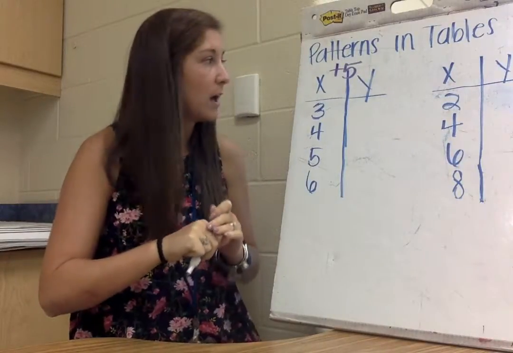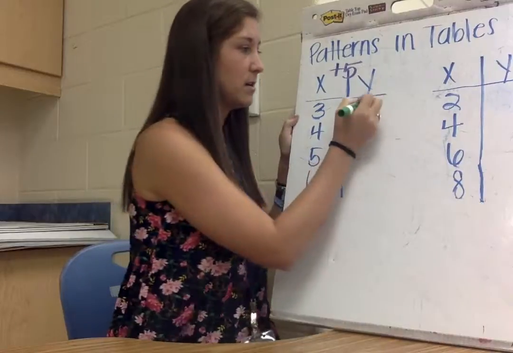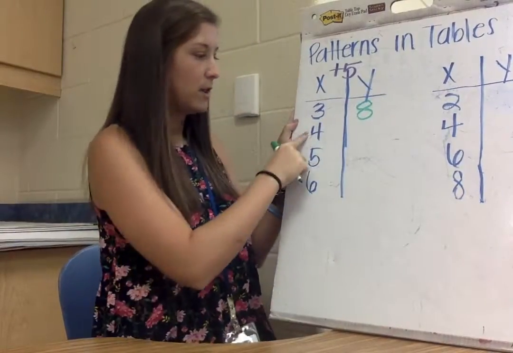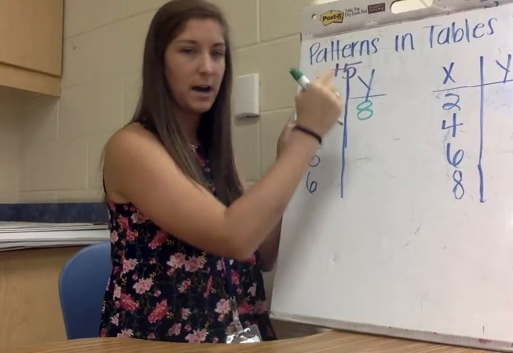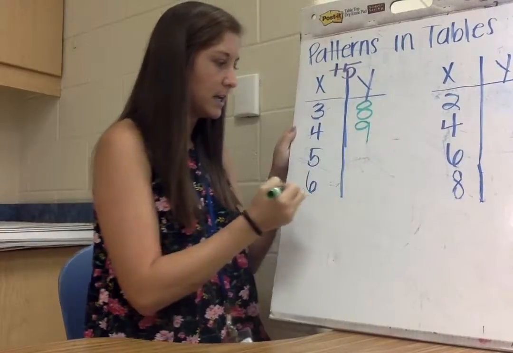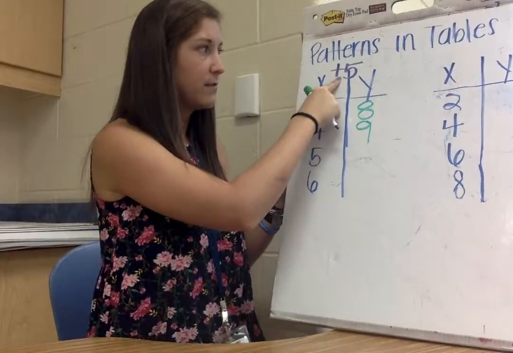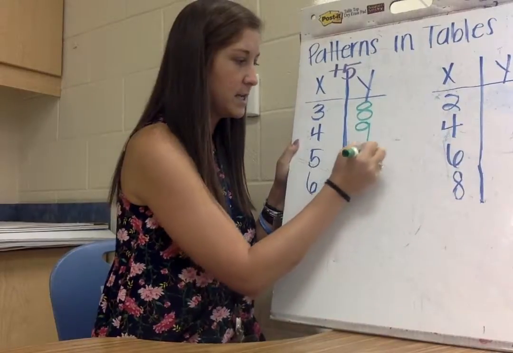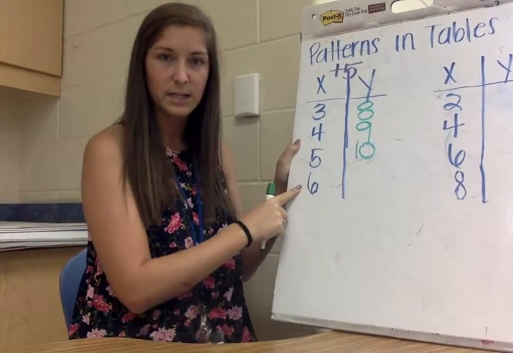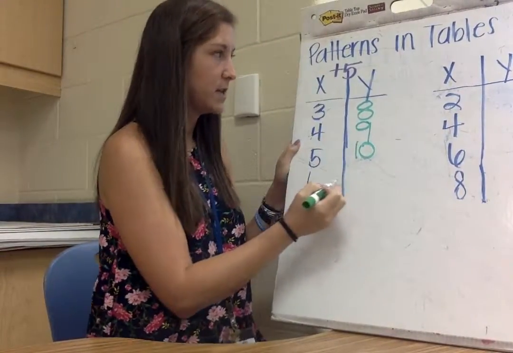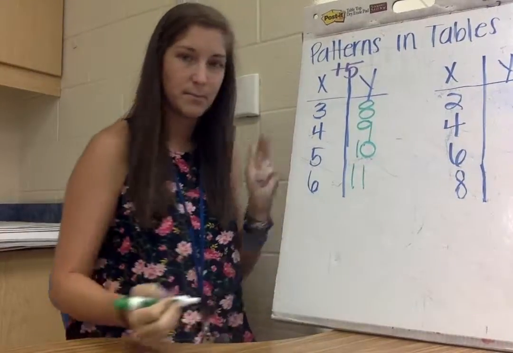So I know that 3 plus 5 is 8. I know that 4 plus 5 is 9. I know that 5 plus 5 is 10. And I know that 6 plus 5 is 11.